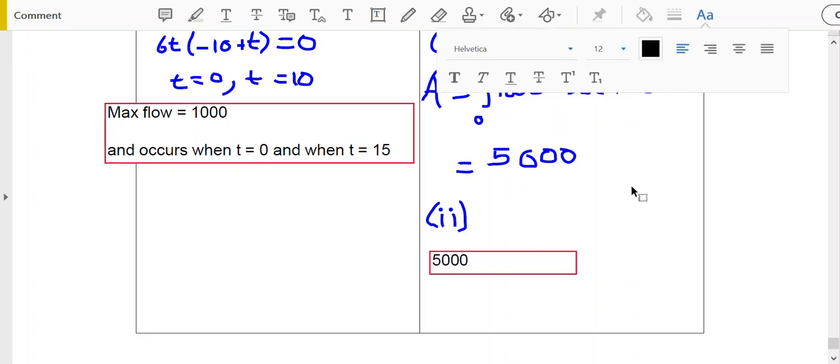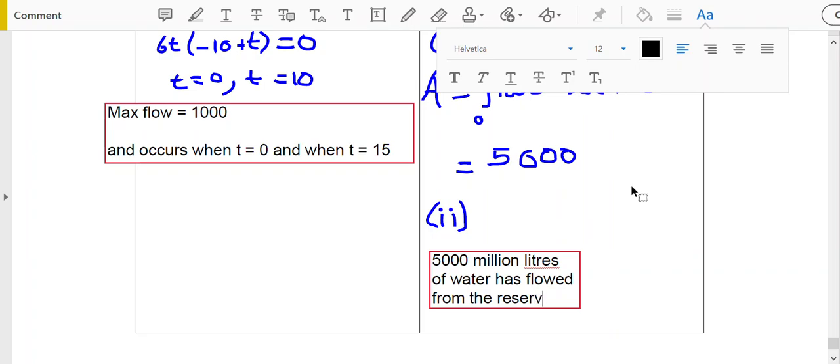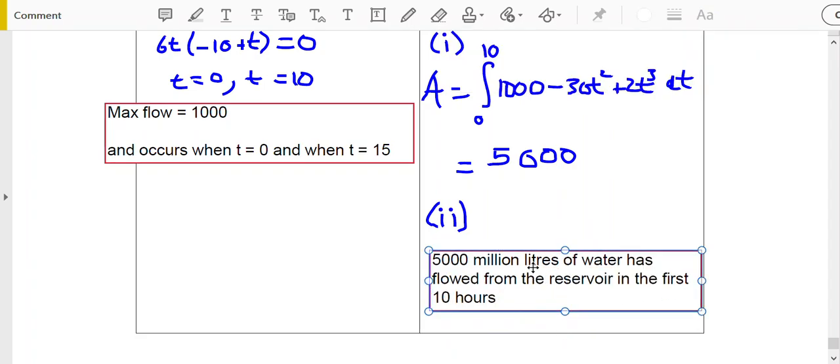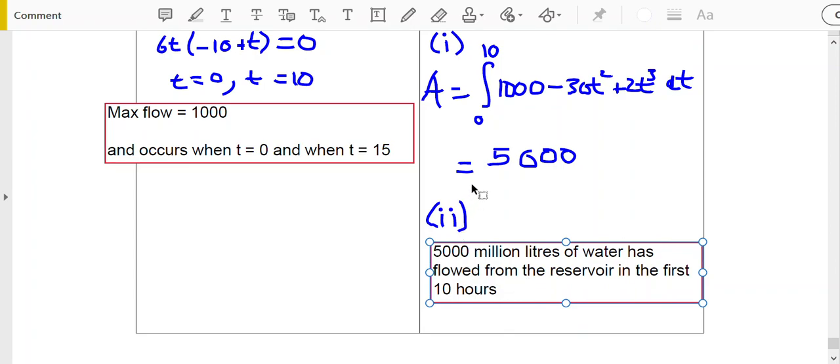So that's how I would finish off that problem, because it says the amount of water is in millions of litres.